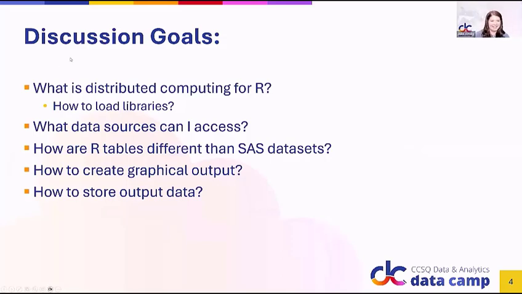I forgot. So my name is Danny Anderson. I've been in the field of biomedical research primarily for the past 15 years, at least. I started with R about 14 years ago, although I transitioned quickly into SAS.